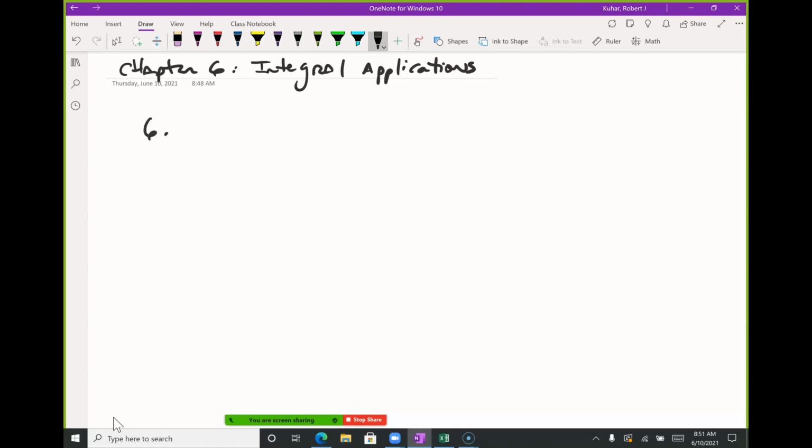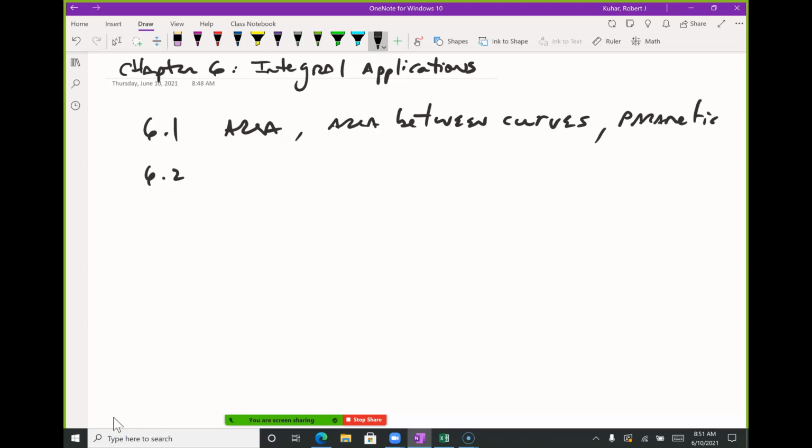But in 6.1 we're talking about really that area, right? And 6.2, area between curves, or with parametric functions. Parametric functions, they're easy, so don't stress about that. 6.2 is where I'm going to create volumes. So I'm going to take an area and rotate it around an axis and create a three-dimensional solid, right?